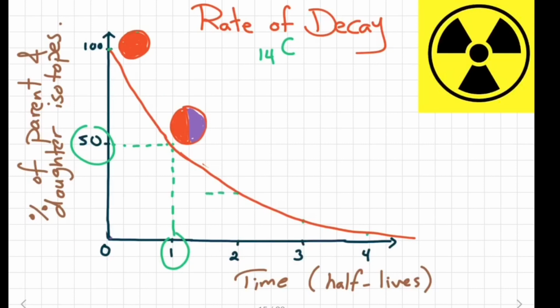Similarly, when we find that there is only 25% of carbon-14 in the sample, we can say that two half-lives of carbon-14 have passed. So I have 25% of my parent isotope and 75% of the daughter isotope.